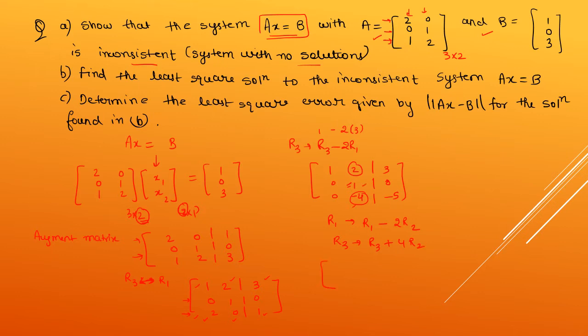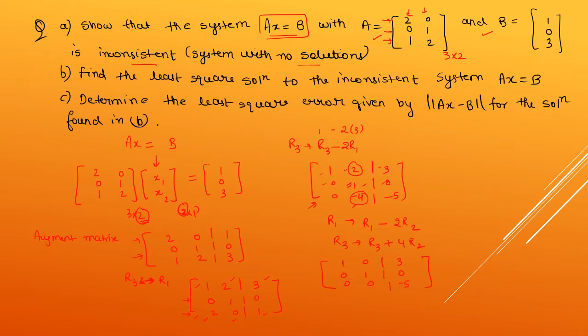So let's see, we are not touching R2, so simply write it as it is. And then R1 minus 2R2, so 1 minus 0 is 1, then 2 minus 2 is 0, then 3 minus 0 is 3, correct? Then in the third row R3 plus 4R2, so it will be 0, minus 4 plus 4 is 0, minus 5 plus 0 is minus 5 only.